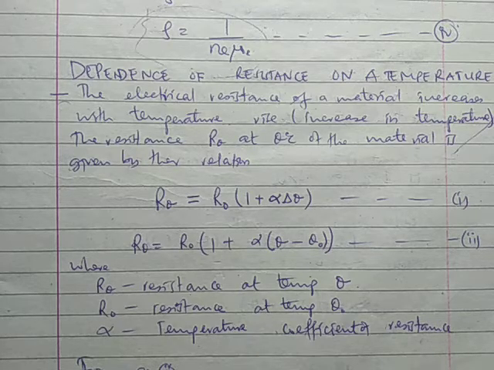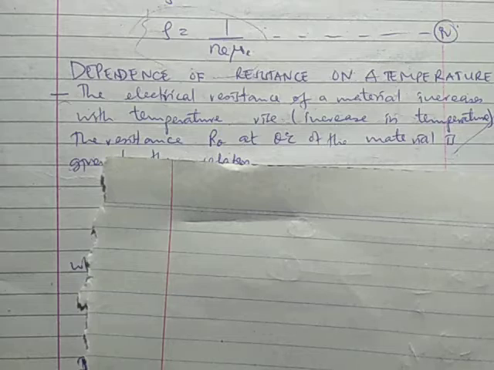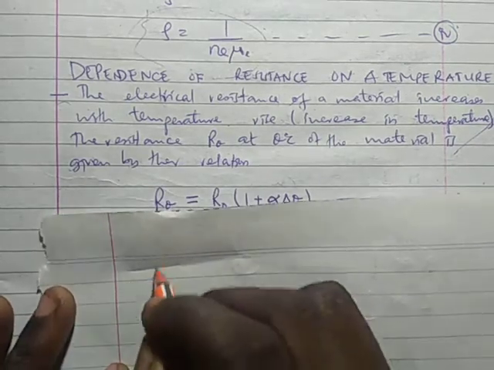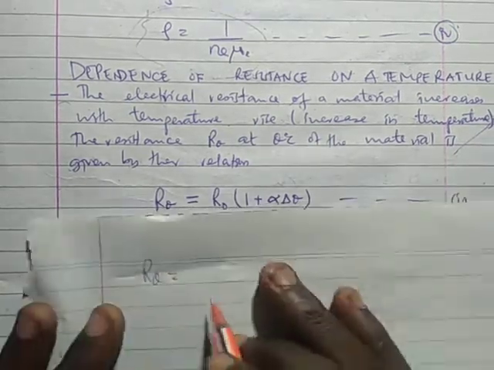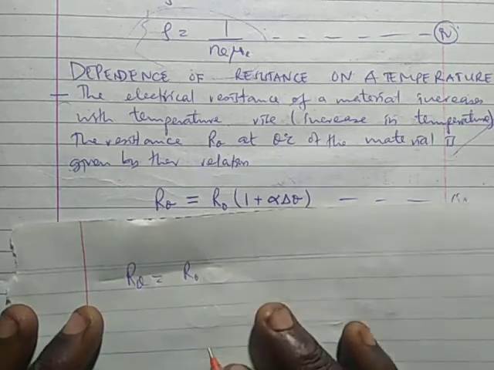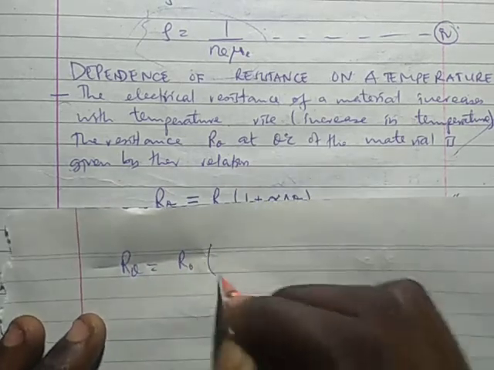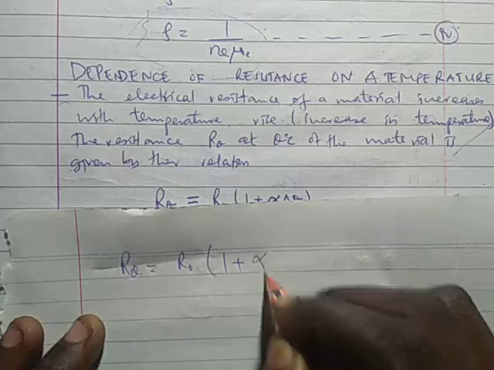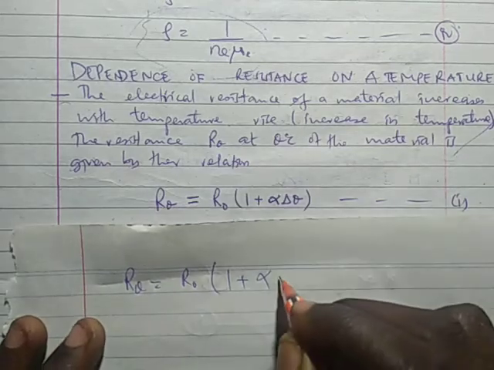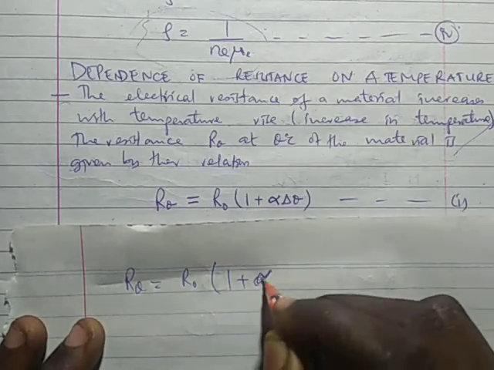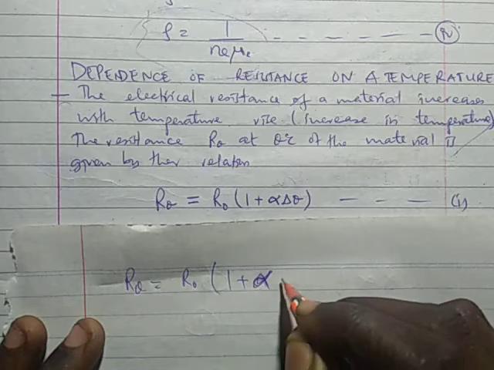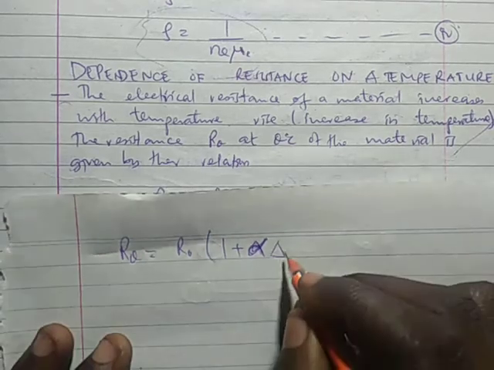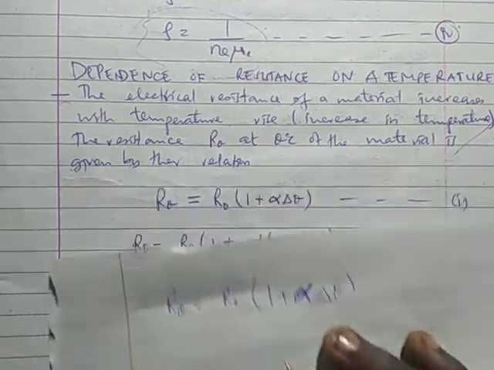From 0 degrees centigrade, it is given by the relation. So assume now we have the relation at 0 degrees Celsius, which is R theta is equal to R naught, which is the resistance at 0 degrees Celsius, times 1 plus the temperature coefficient of resistance alpha, times the change in temperature theta.